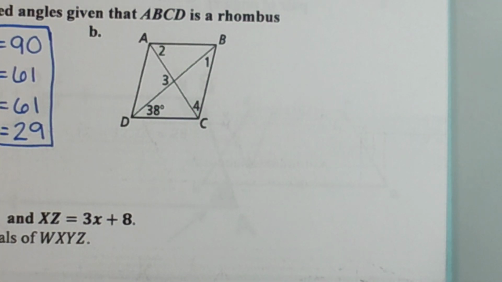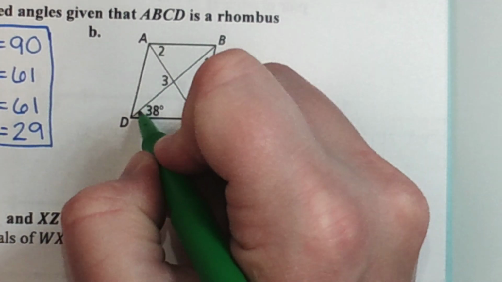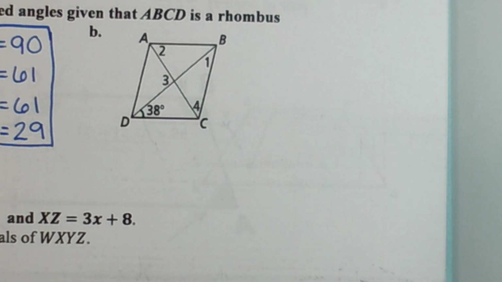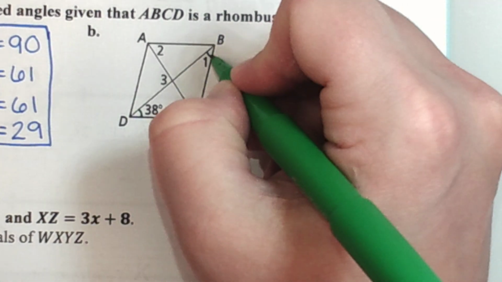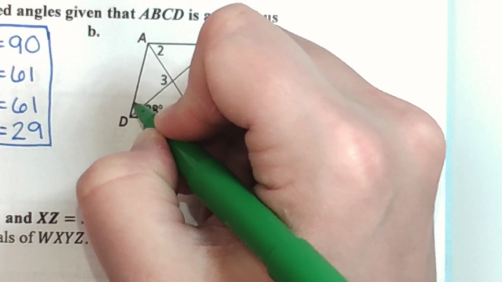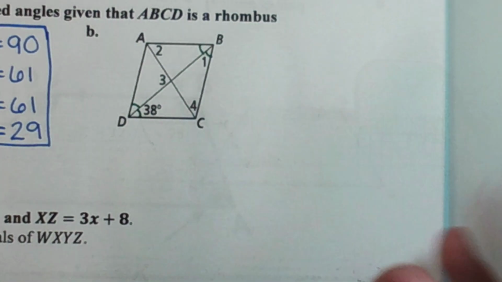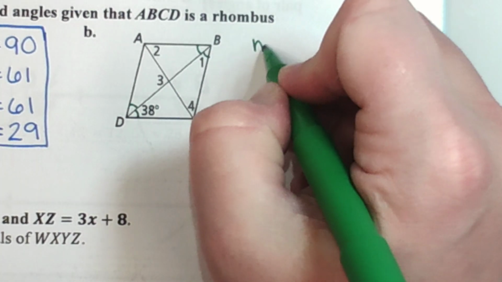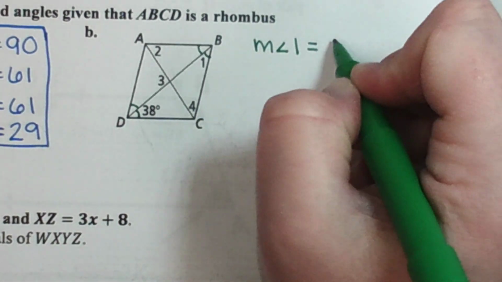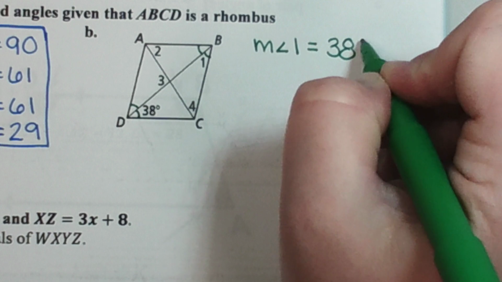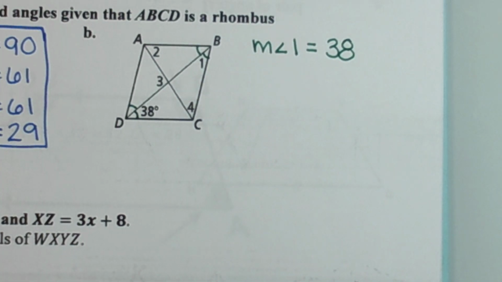Which ones? For example, the 38 would be congruent to which other ones I could mark? Angle 1, as well as the one next to angle 1 and the next to it. Now neither of those have anything on them, so angle 1 is the important one. Measure of angle 1 is 38.